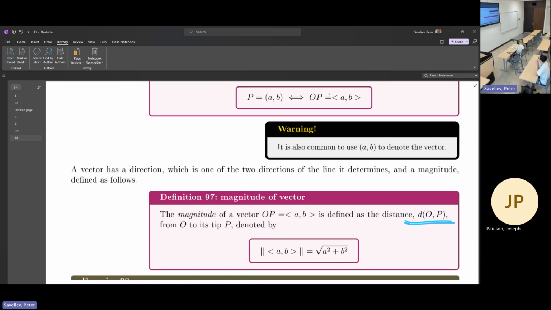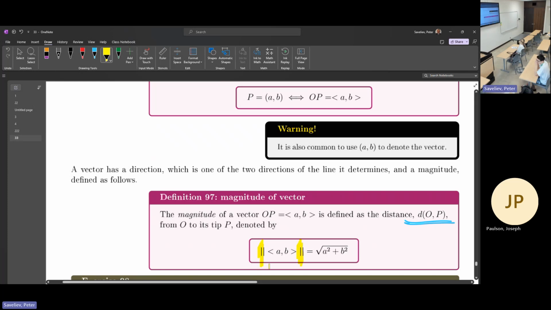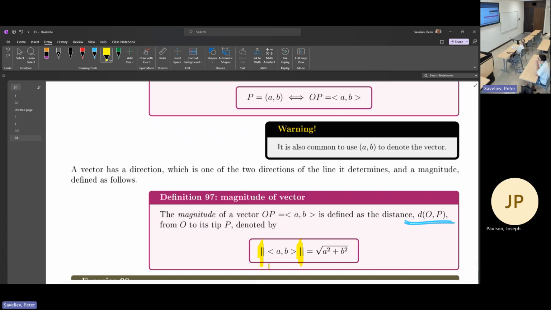You can guess why the vertical lines. Can you see the notation here? The vertical lines right here. So the vector with double vertical lines. What does it resemble?